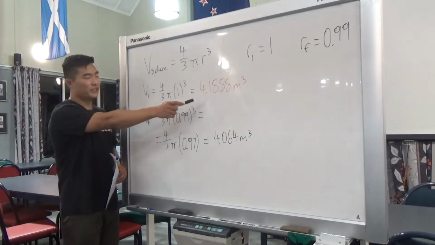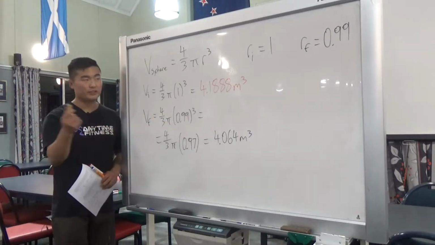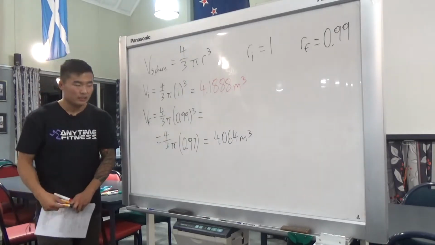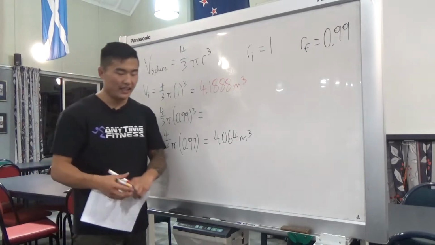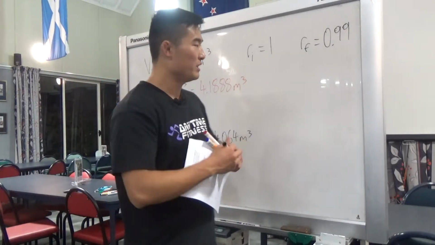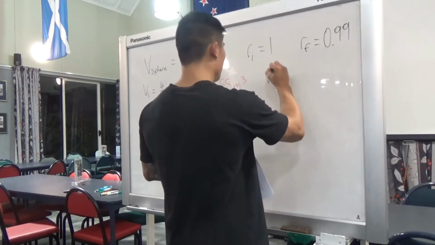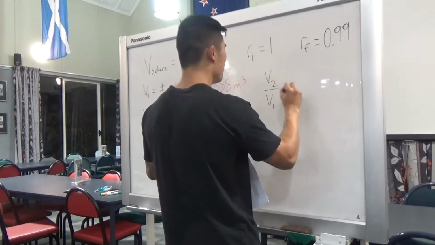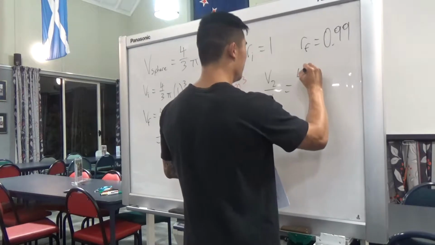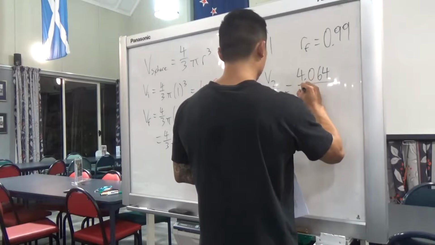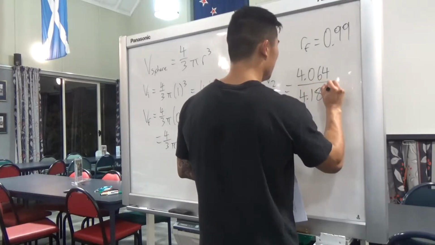So when you reduce the radius by 1%, this is how much the volume has changed. So you can find out as a percentage how much the volume has reduced. You're going to go V2 over V1. So that's 4.064 divided by 4.1888.